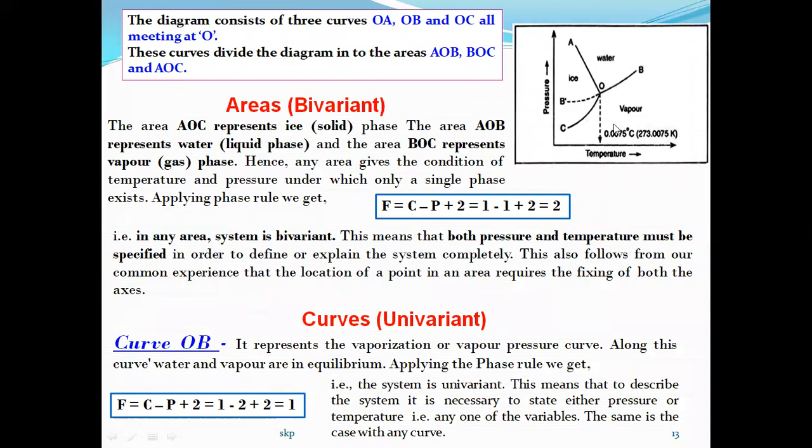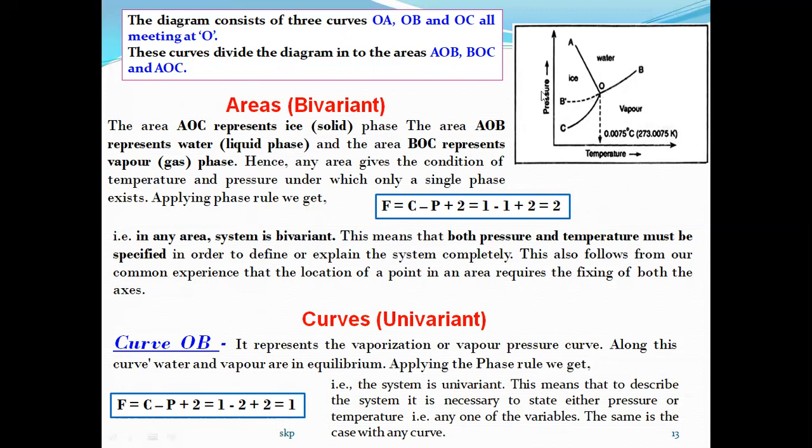These phases and areas are obtained at different, varying pressures and temperatures. Again, you can see there are three lines, OA, OB, and OC. These lines are called curves.